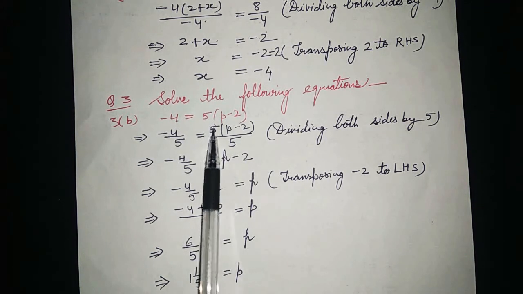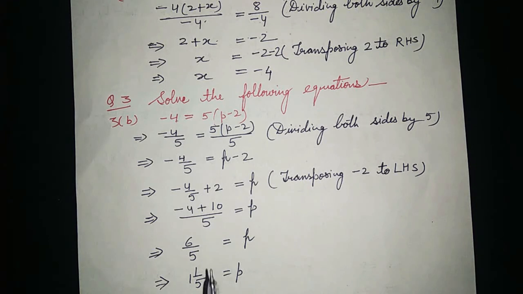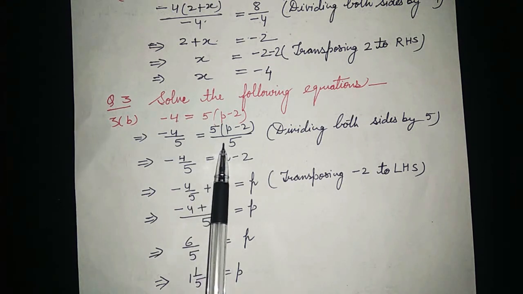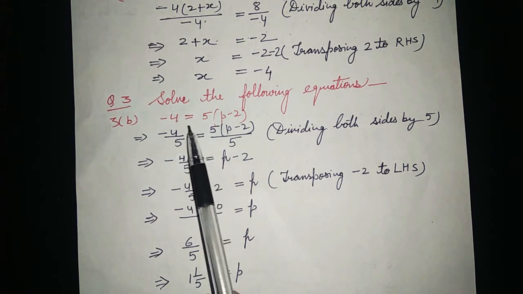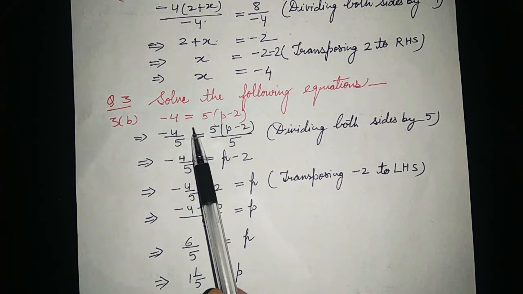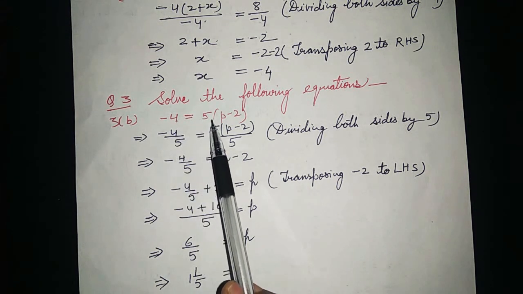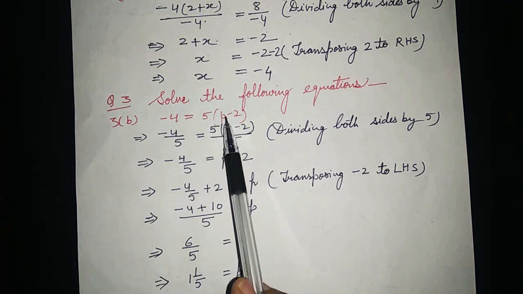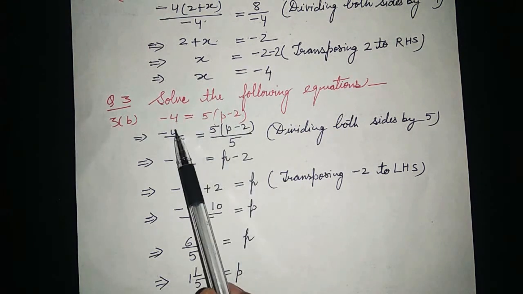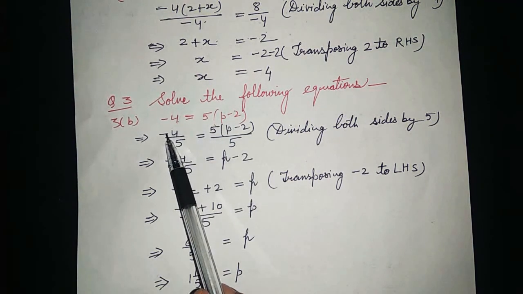This question also we will solve just like A and D part of question number 2. Only here you can see right hand side is 5 into p minus 2 and left hand side is minus 4.